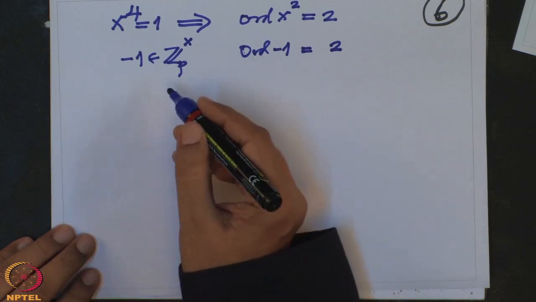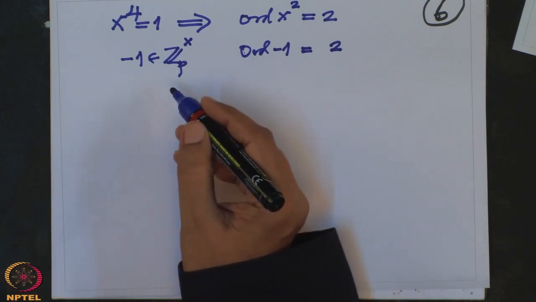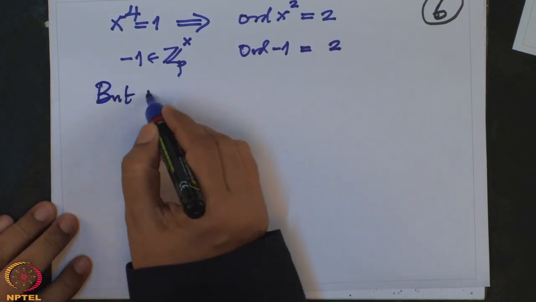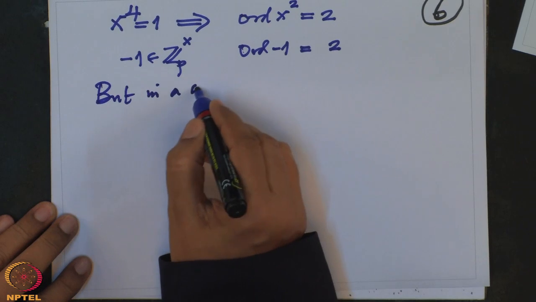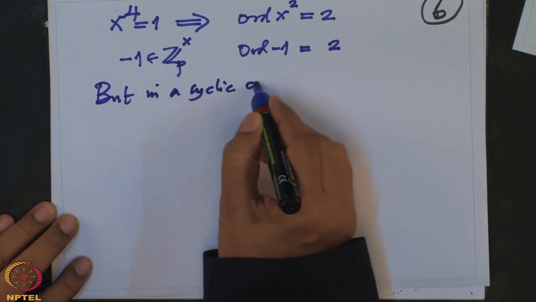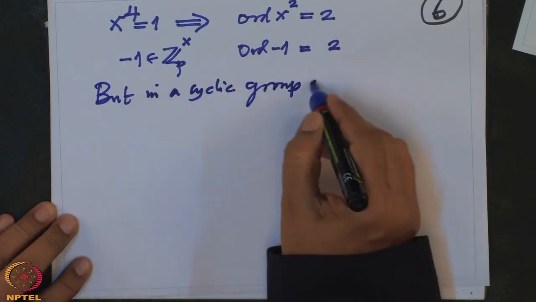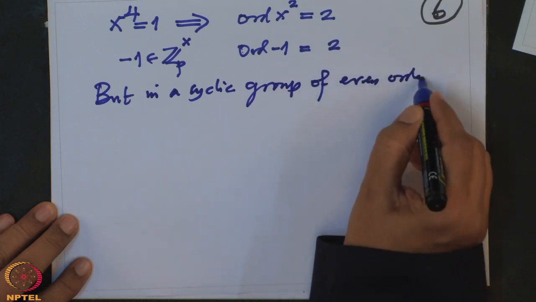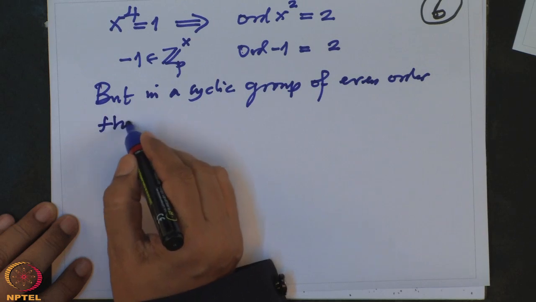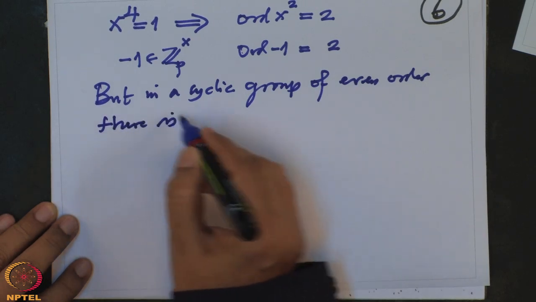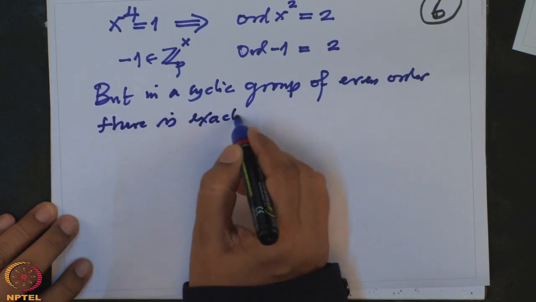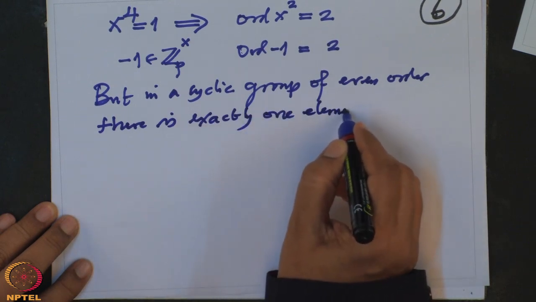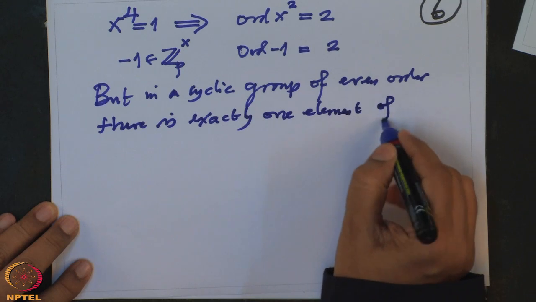But then in a cyclic group of even order, there is exactly one element of order 2.